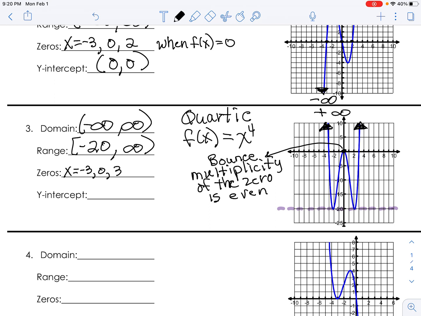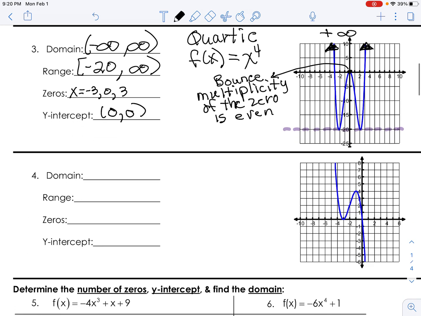And again, we're going to talk about that more when we talk about the actual equations associated with these polynomials. Right now, we don't know what the equation is. We are just looking at the graphs. But there is an equation that represents those graphs. And in that equation, we're going to learn about multiplicity and what that does to the graph. Again, the y-intercept is 0, 0.